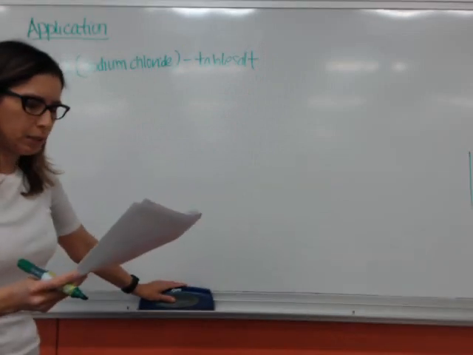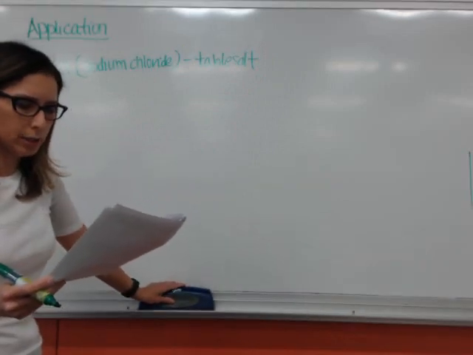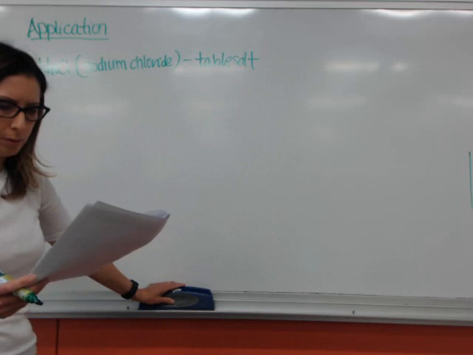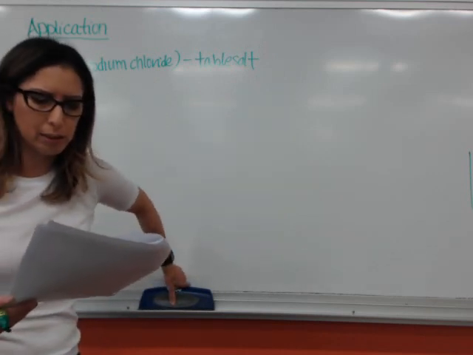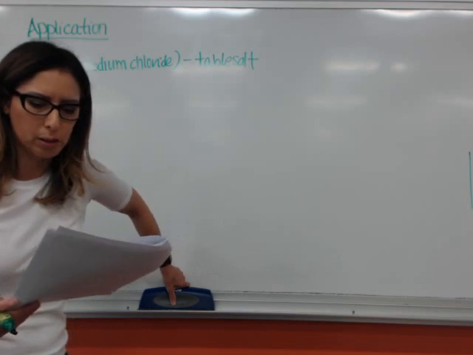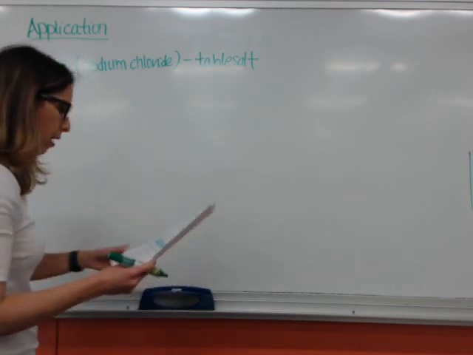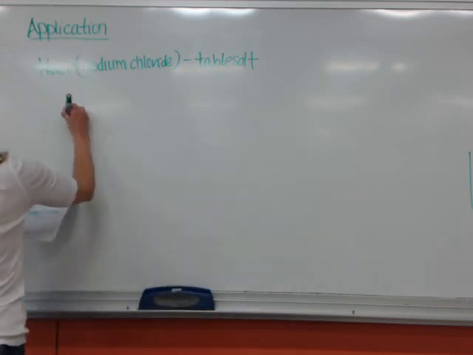A 100-gram sample of table salt contains 39 grams of sodium atoms and 61 grams of chlorine atoms. Does this mean table salt contains more atoms of chlorine? Why or why not?